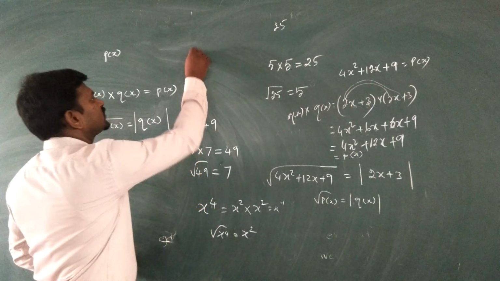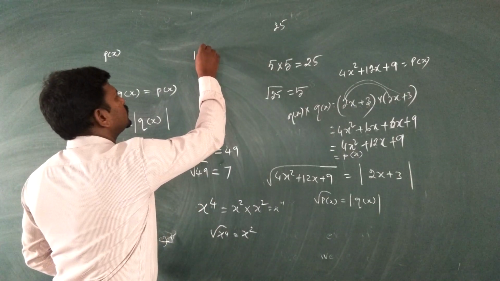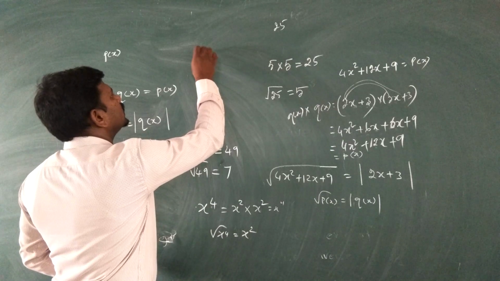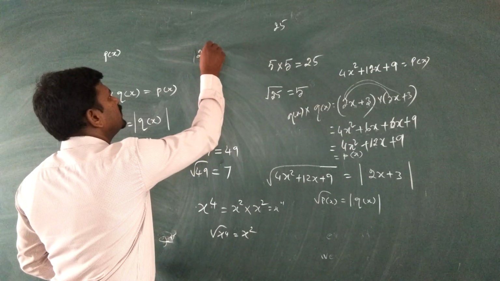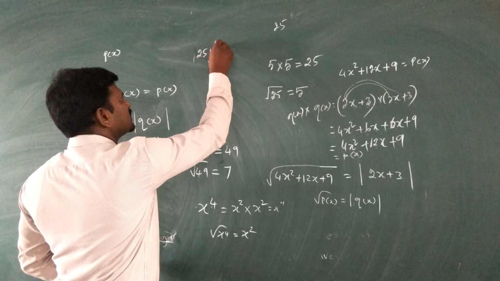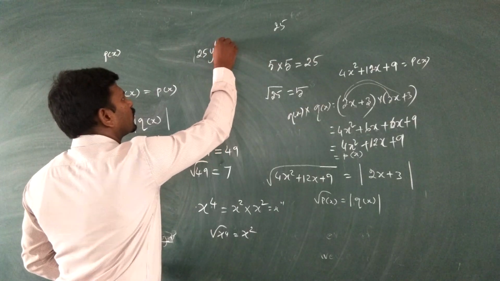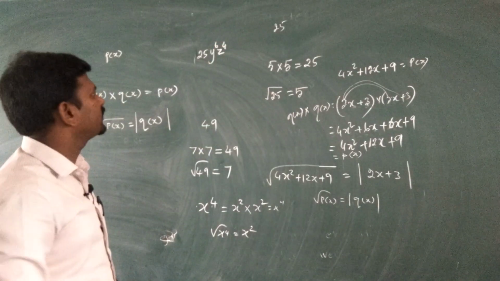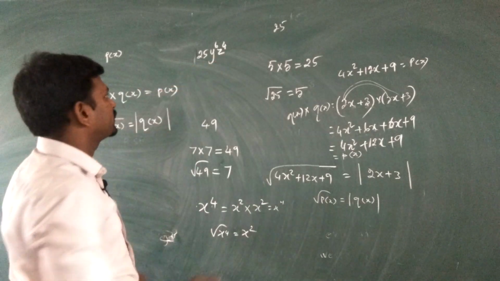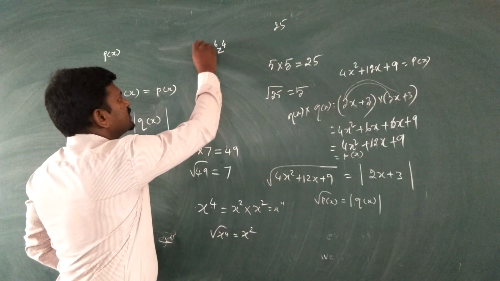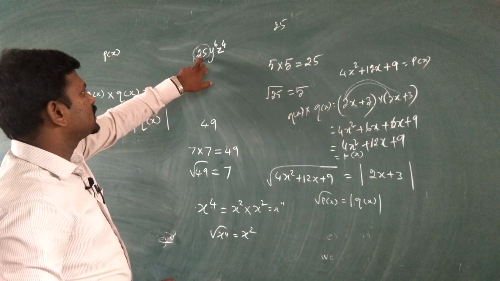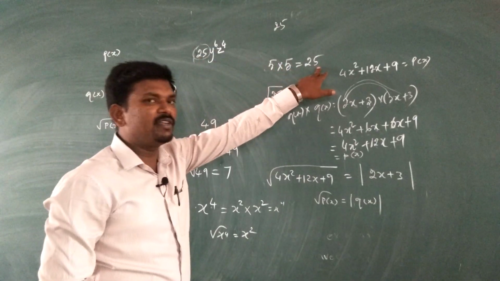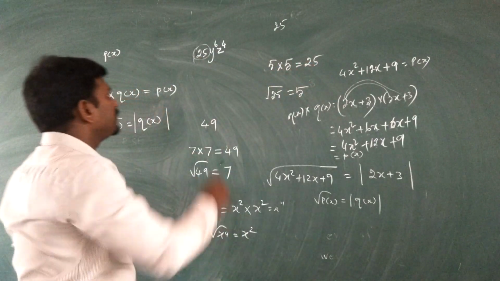I will write 25 y power 6 z power 4. Is this a perfect square? Yes, it is a perfect square. 25 is a number because 5 5s are 25. 5 is the square root of 25.